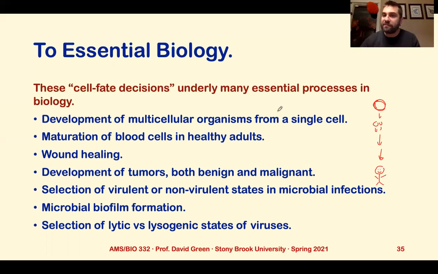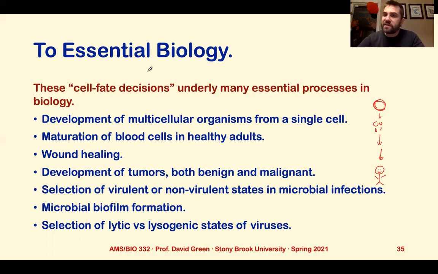All of this came from a single cell through a series of cell fate decisions, decisions to grow, decisions to divide, decisions to differentiate, and decisions not to grow, decisions not to divide.